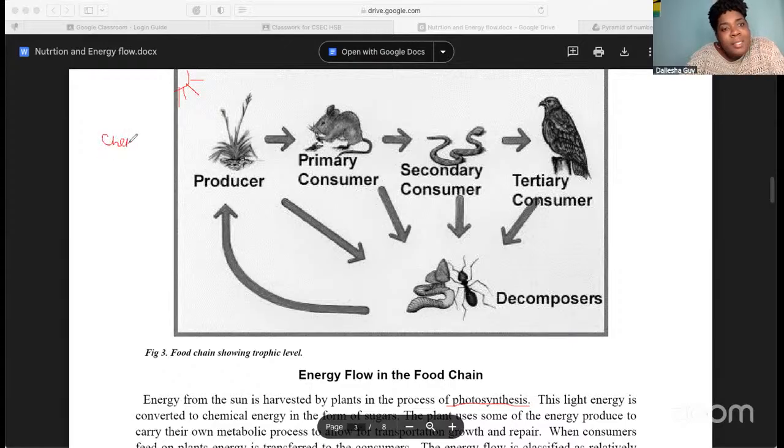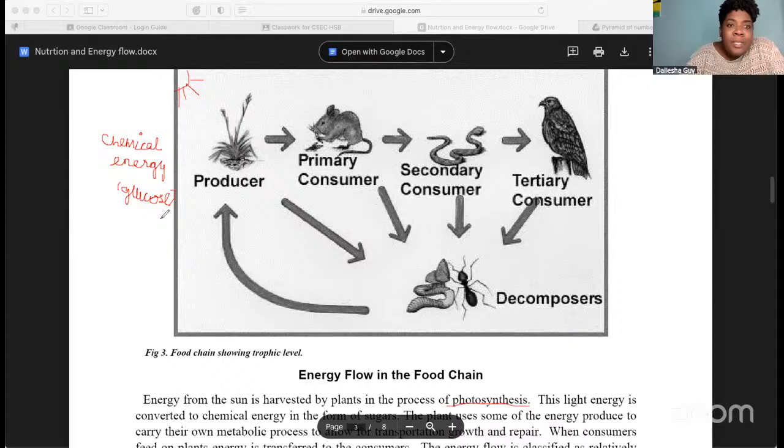If you do physics, you have an equation that says energy cannot be created or destroyed, but it goes from one form to the next. So the plant converts light energy from the sun to chemical energy, seen in the form of glucose and other sugars, and other substances produced as a byproduct. So we go from light energy to chemical energy in the plant.